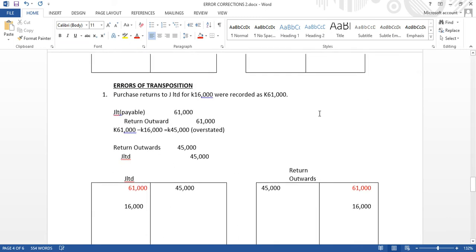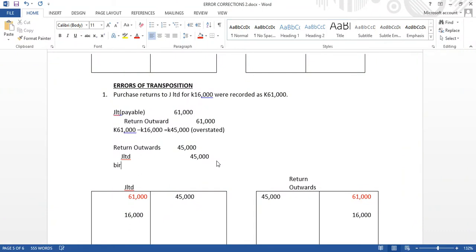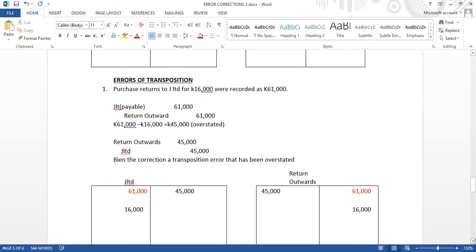I should have also put that here on top: being the correction of a transposition error that has been overstated. Any queries?